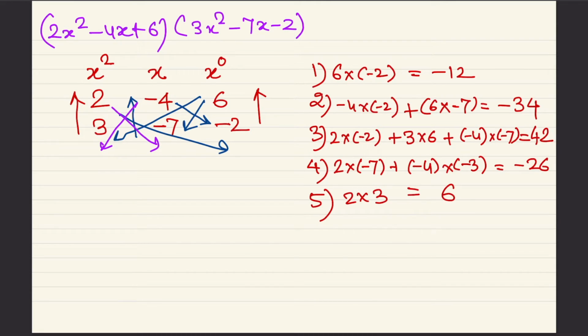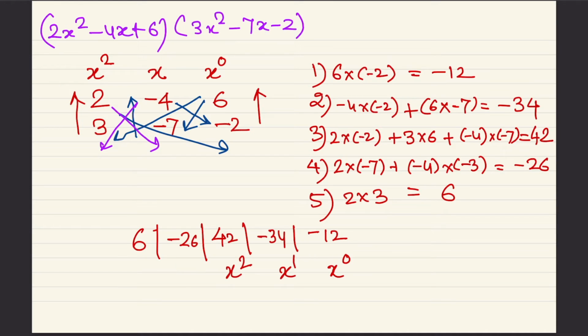So we will write down the coefficient from the extreme right. Right? This is minus 12, this is minus 34, next is 42, next is minus 26, next is 6. Write the coefficient x power 0 and x power 1, x power 2, x power 3, x power 4.